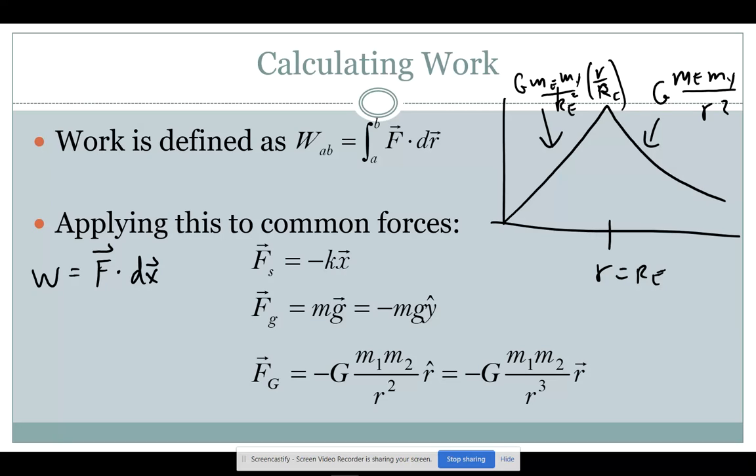Well, we're in calculus class. We can deal with a force that's continually changing. But what we're going to have to do is say dW is equal to force dot dx, and then we're going to integrate.